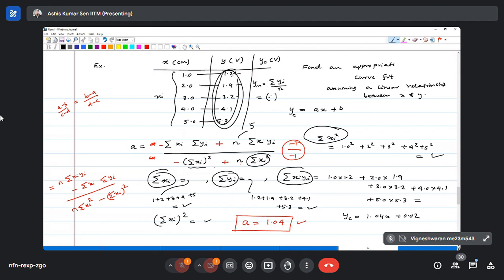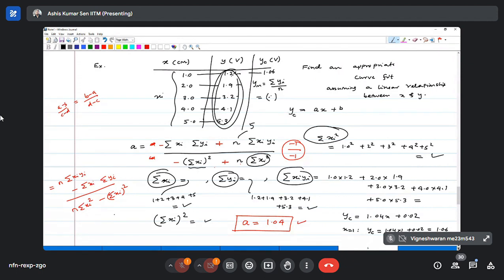So for example, for x equal to 1, your yc will be equal to 1.04 into 1 plus 0.02, that is 1.06.